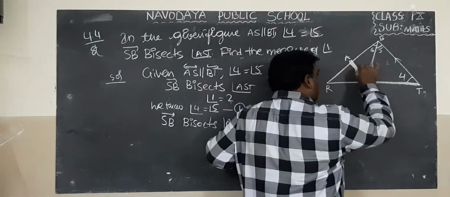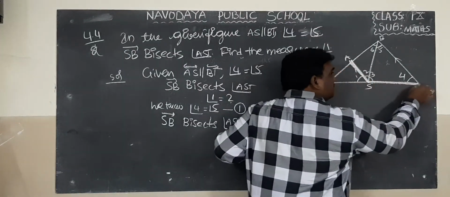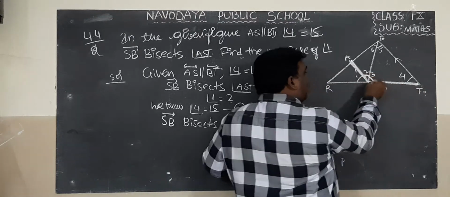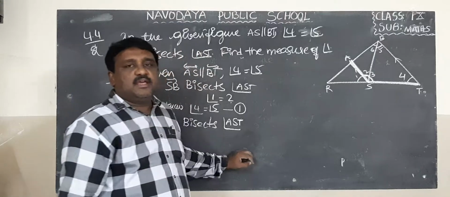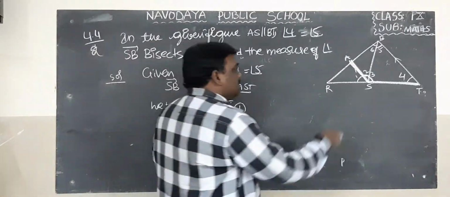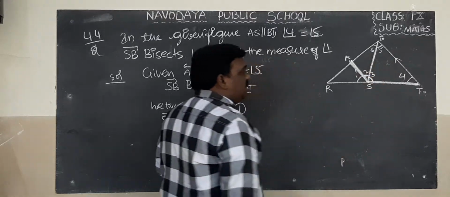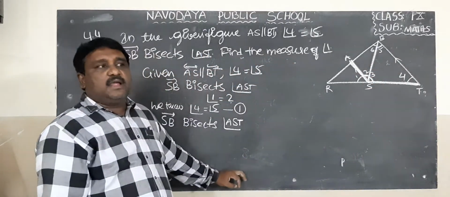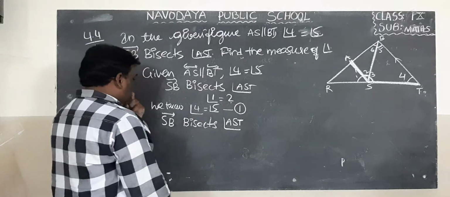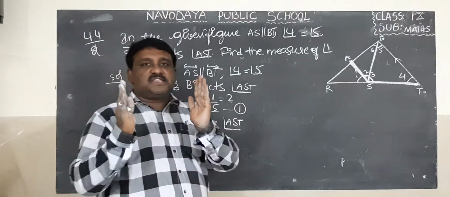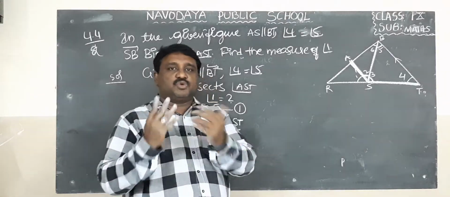And this is the part I am talking about, angle AST. Two angles are visible to you. Angle 2 and angle 3 both are equal because this is the angular bisector which divides the angle into two equal parts. SB bisects angle AST.